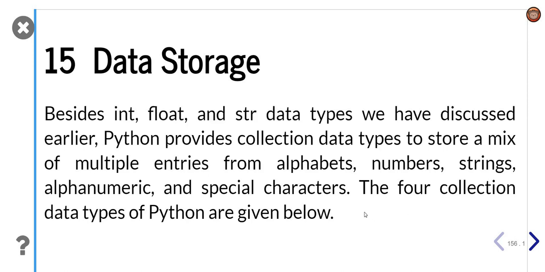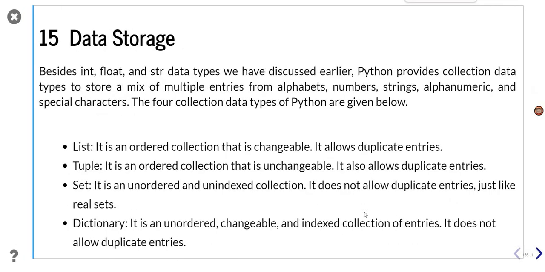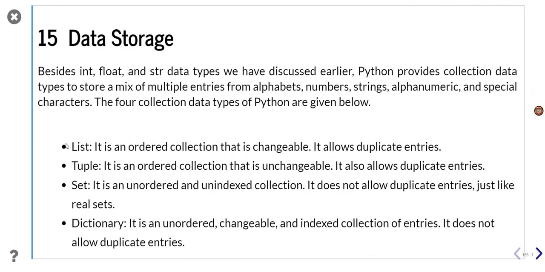You need to know all four. This part is important because it will definitely be assessed in your test, in the quiz. You need to know what is a list, what is a tuple, what is a set, what is a dictionary, how to define them, what syntax to use to define them, whether they accept duplicates, things like that. So we will see.